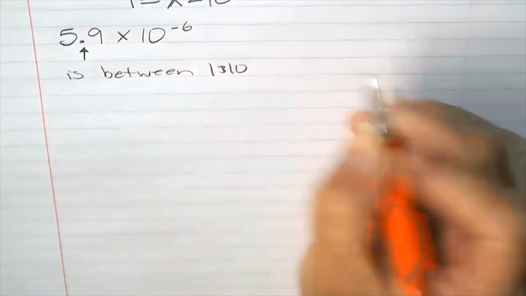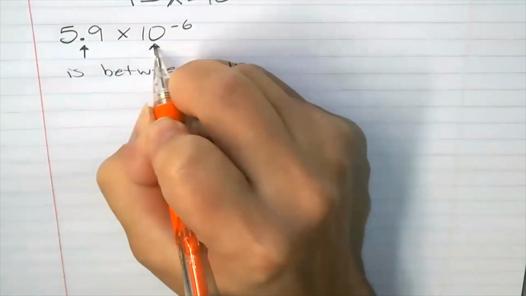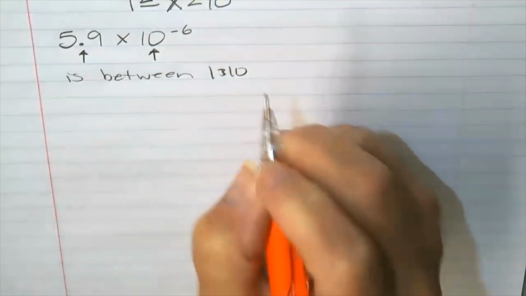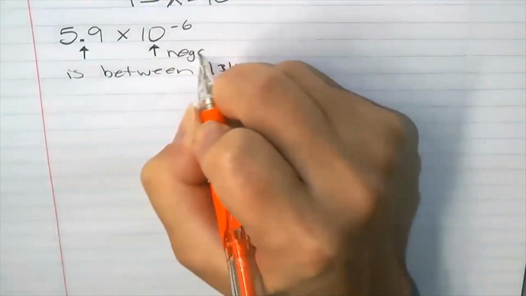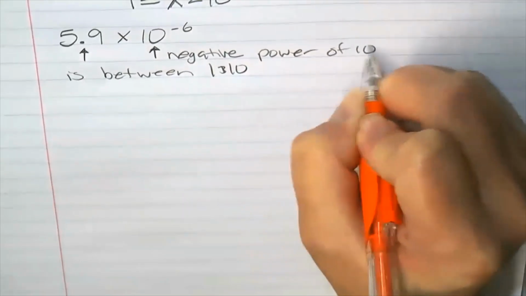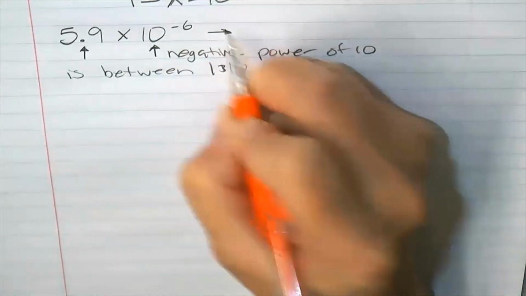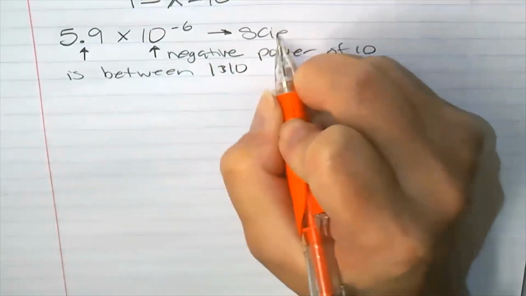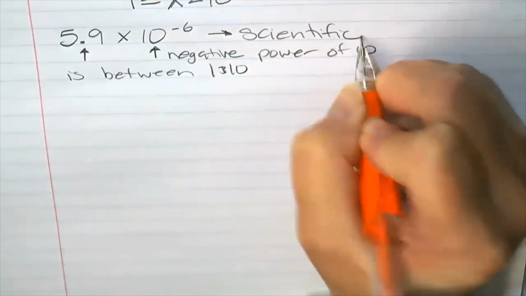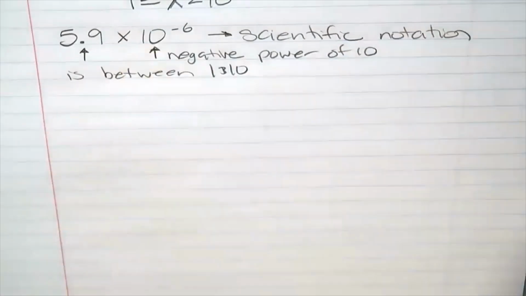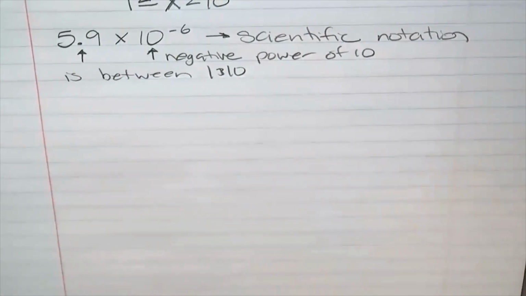And then is this factor a positive or negative power of 10? Yeah, it's a negative power of 10. So is this written in scientific notation? Yes. This is written in scientific notation.